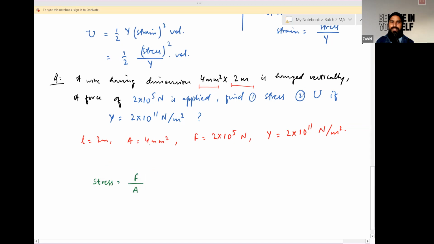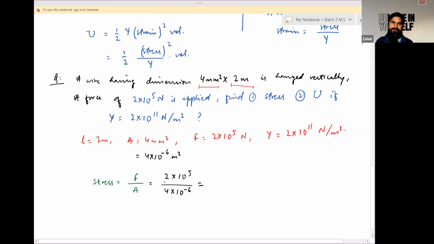To convert this area into meter squared, just multiply it by 10 to the power minus 6. Now put all the values in this part. We have force 2 into 10 raised to the power 5, area of cross section 4 into 10 raised to the power minus 6.